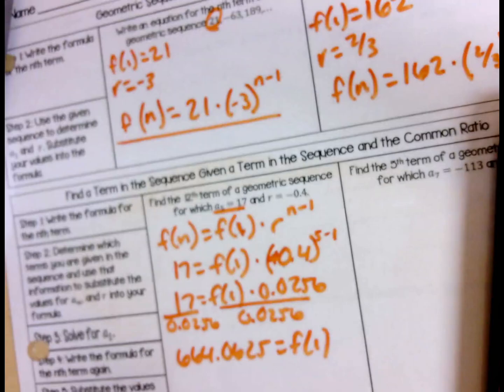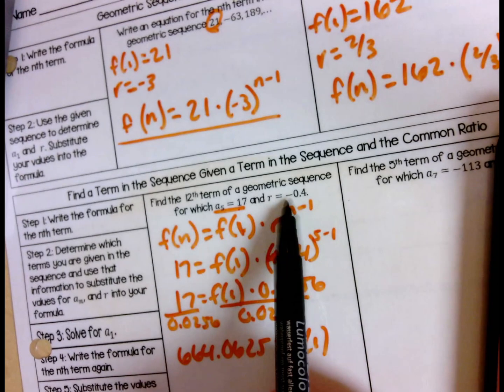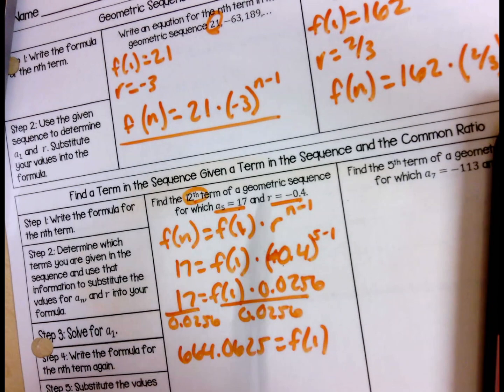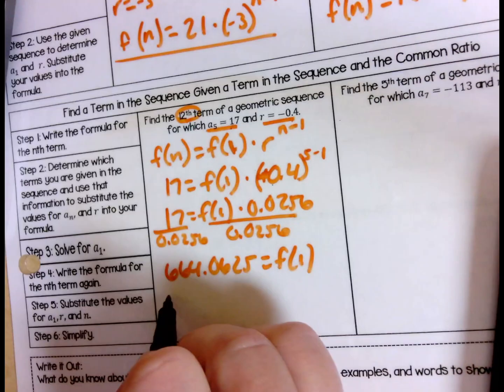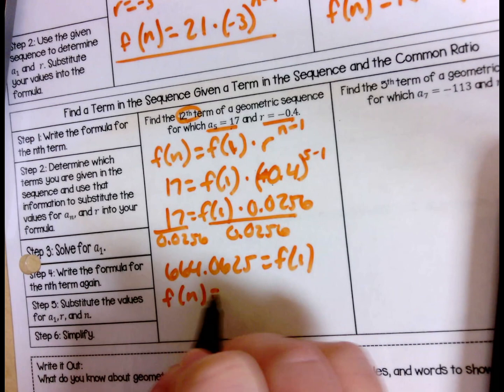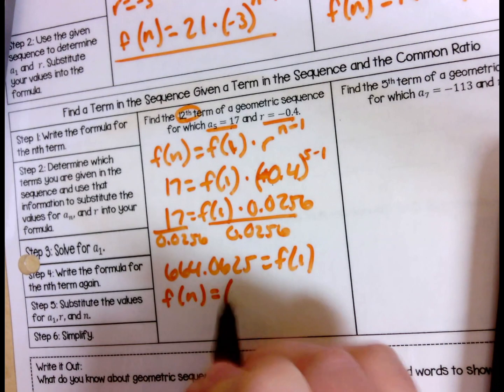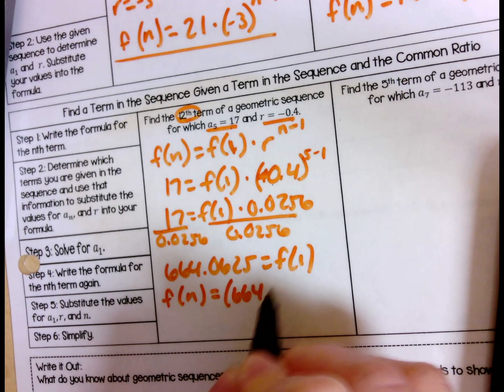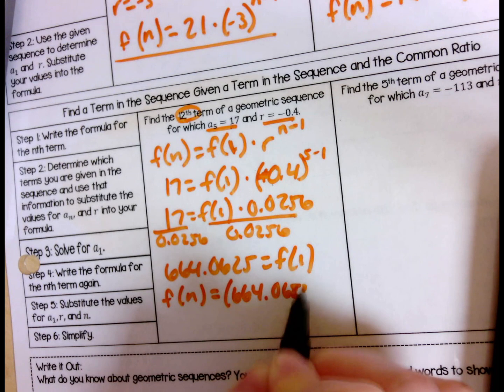So now that we found what the first term is and we have the ratio, we can find the 12th term. Okay, so we have to plug this all back in a second time. So this time we're going to do f of n is equal to the first term, which is 664.0625.